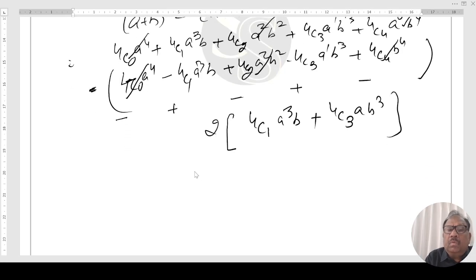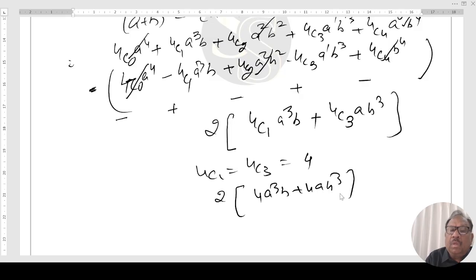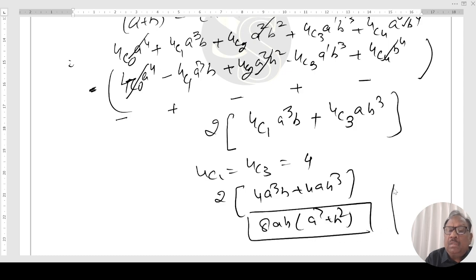Now 4C1 equal to 4, 4C3 equal to 4. Twice 4a^3 b + 4ab^3. We get 8ab(a^2 + b^2). We get this answer on simplification.